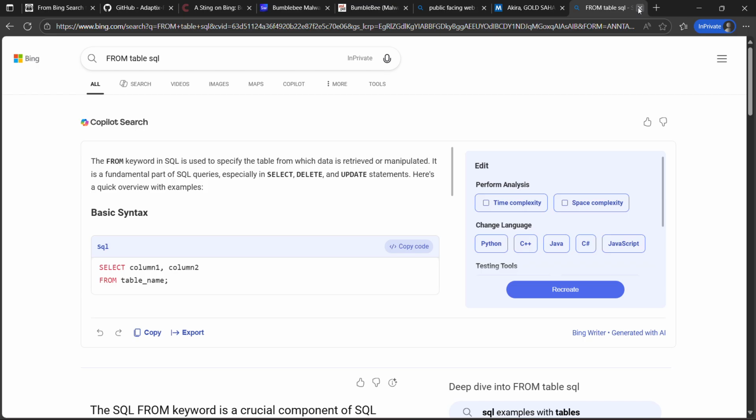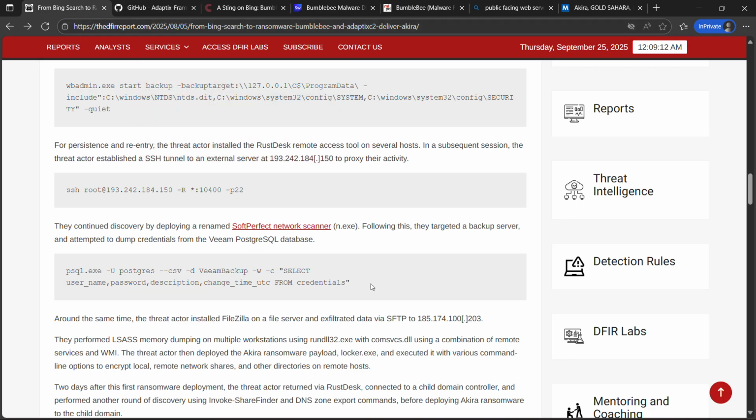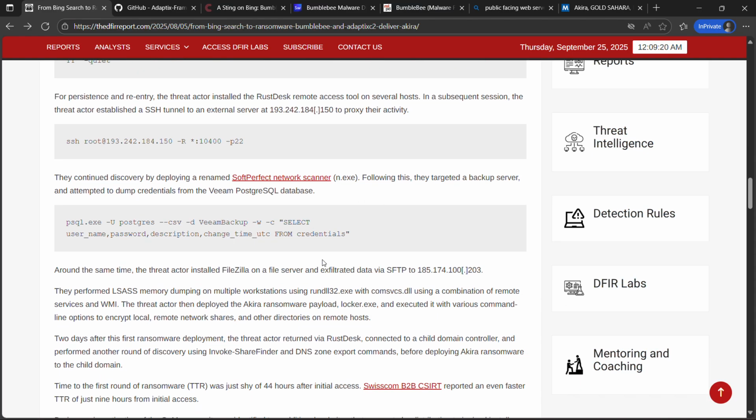So do they have an idea that it should be from the credentials table? Or is this a placeholder?